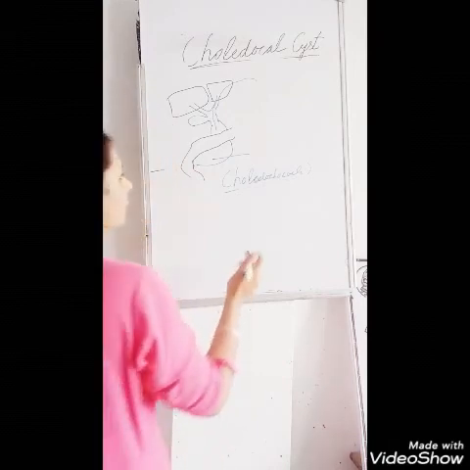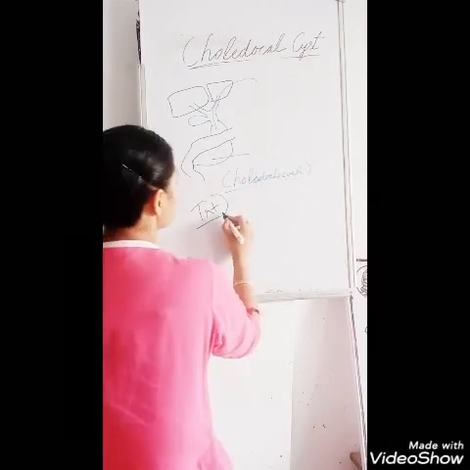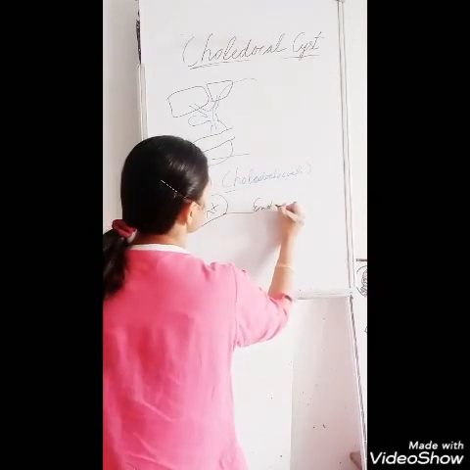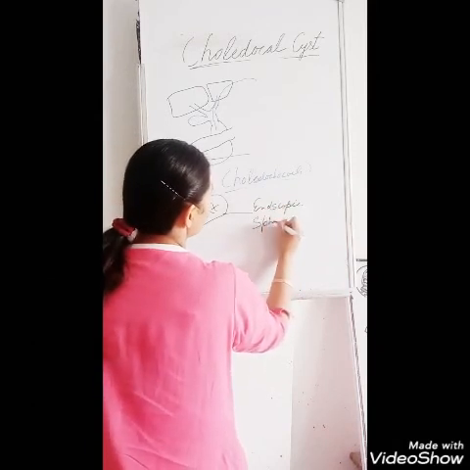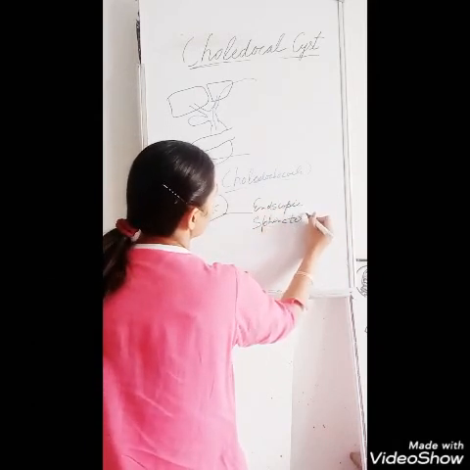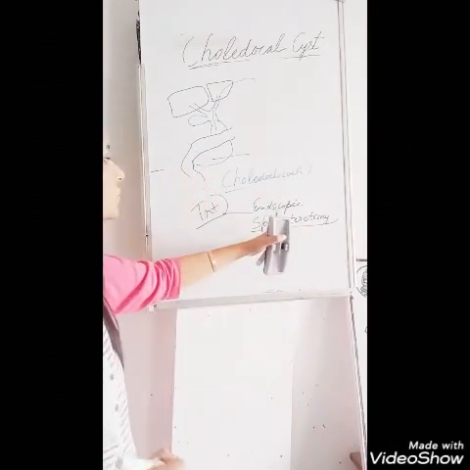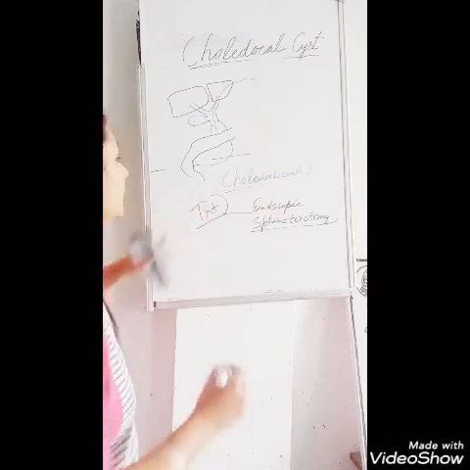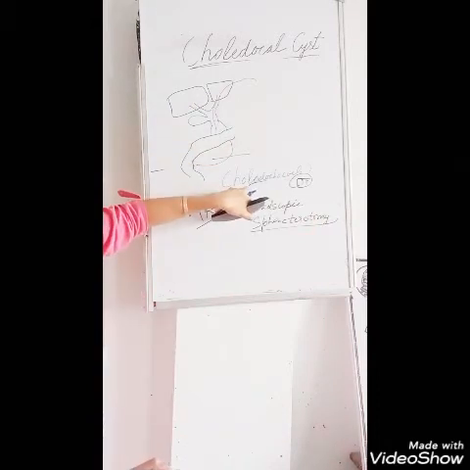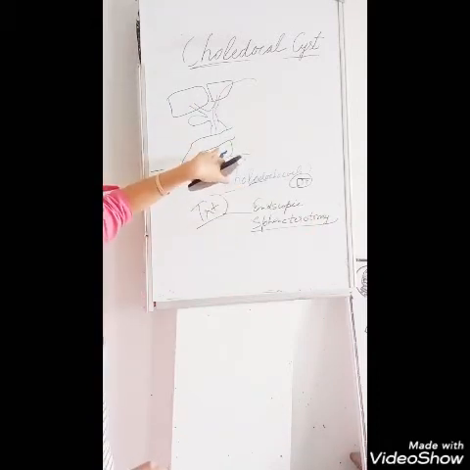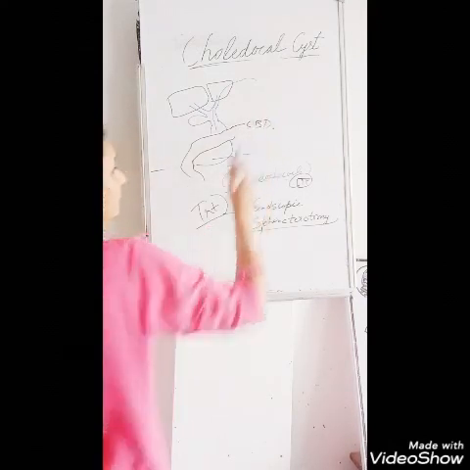So here we are talking about the treatment in case of choledochocele. The treatment is known as endoscopic sphincterotomy. Endoscopic sphincterotomy is done in the third type of choledochal cyst, which is known as choledochocele, where the dilatation of the intraduodenal segment of the common bile duct occurs.